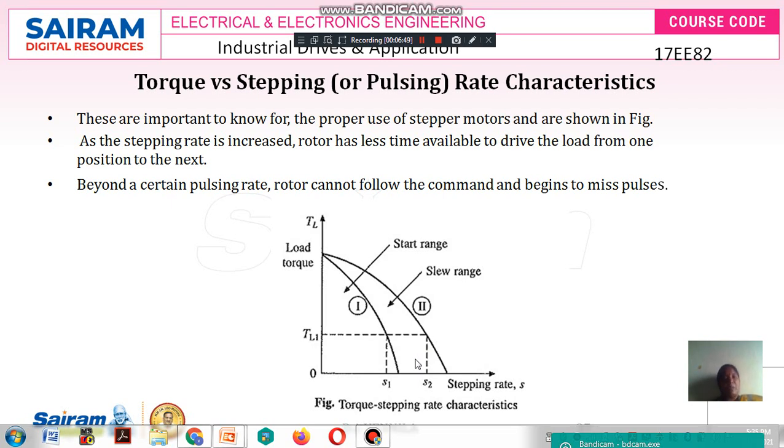So this is about the torque versus stepping rate characteristics. This is a very important question: the slew range is only suitable for speed control, not for position control.